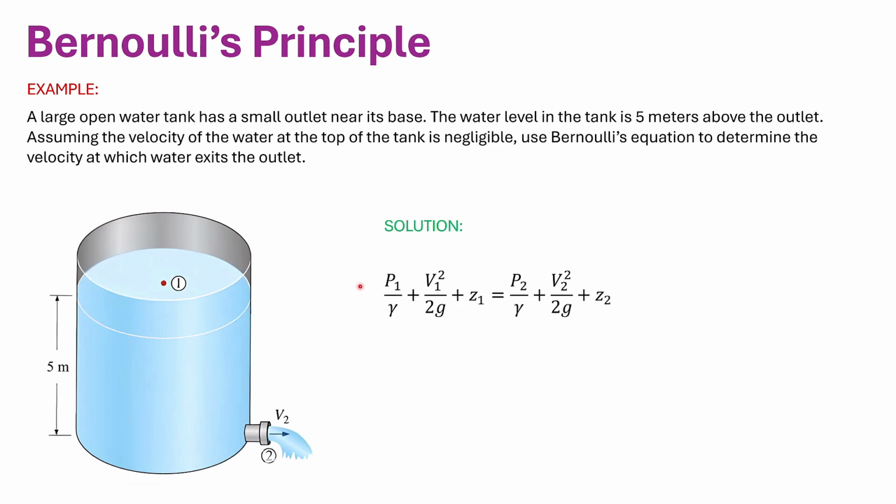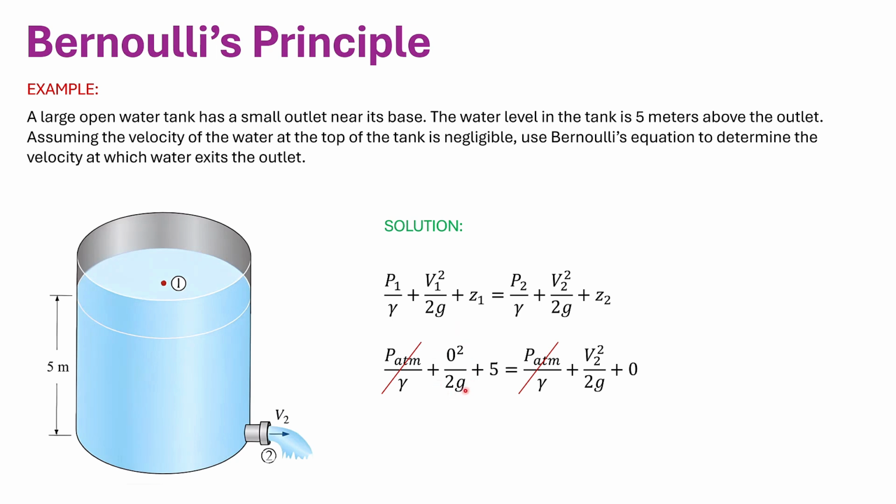Okay, so we write the Bernoulli's equation between point 1 and 2. Since both 1 and 2 are open to the atmosphere, we have atmospheric pressure, so these two fractions cancel out. V1 is 0 because the question says the velocity of the water at the top of the tank is negligible.